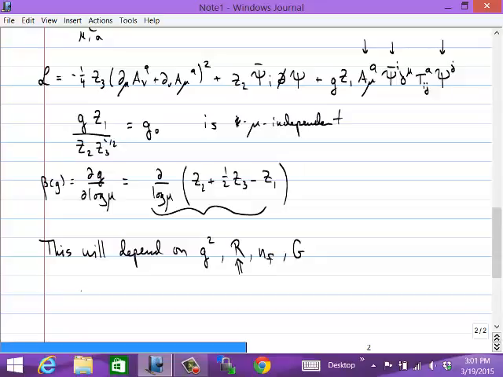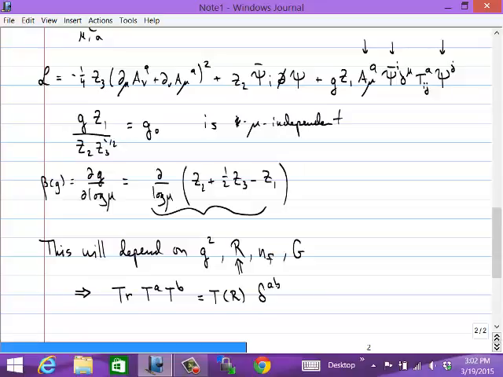So in particular, what's the data that it's going to depend on? Well, it's going to depend on some numbers, and you saw that associated with the representation R, there are in particular 2 numbers referred to as T of R and C of R, times delta AB.